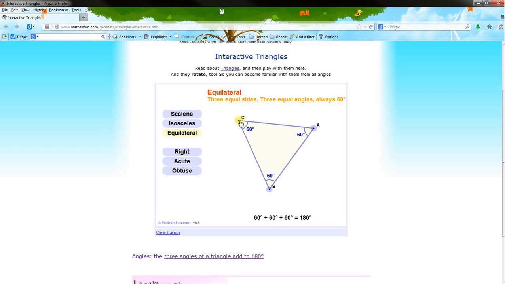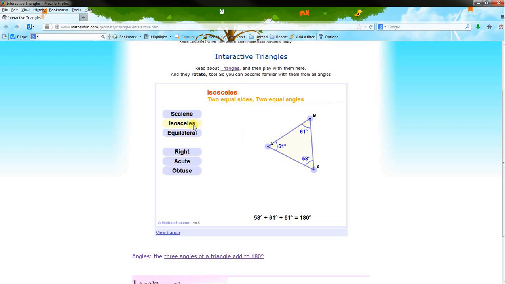They always stay at 60 degrees. And if you notice, every angle always adds up to 180 degrees. So it really doesn't matter in what direction or how we rotate this triangle, it will always stay the same angle here, with 60 degrees.